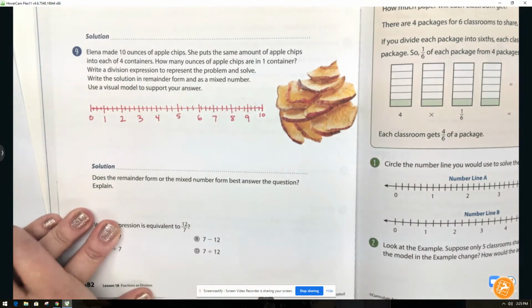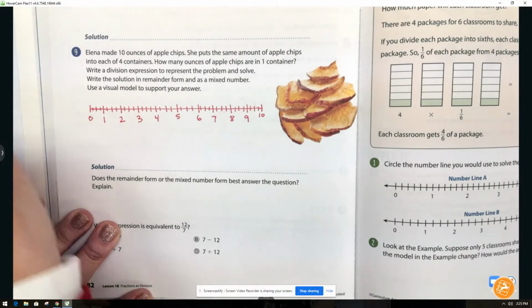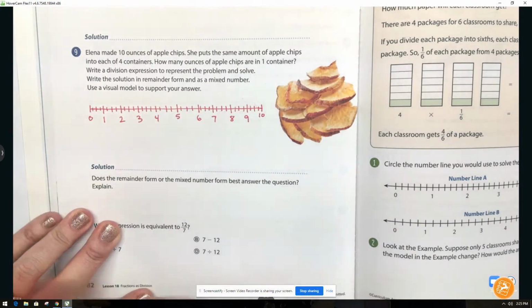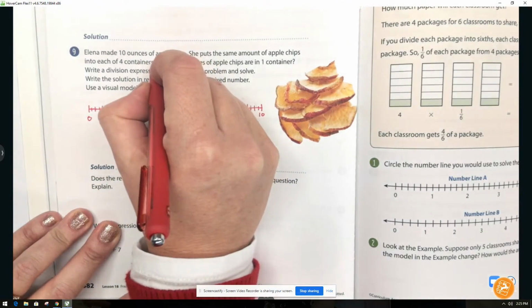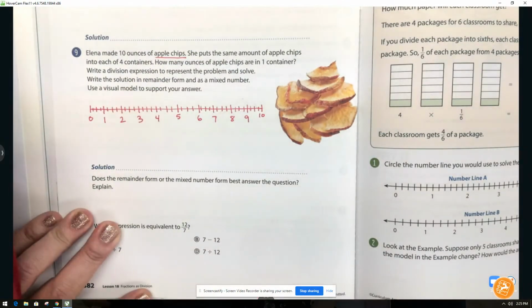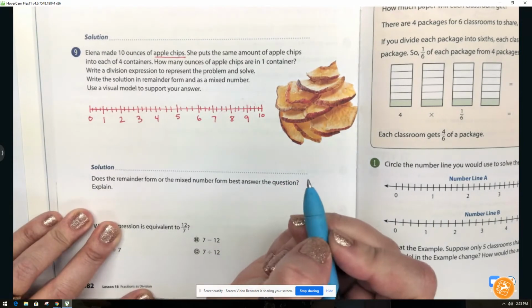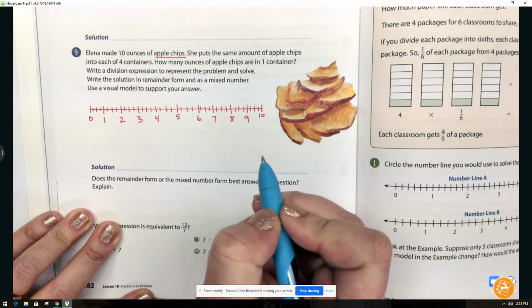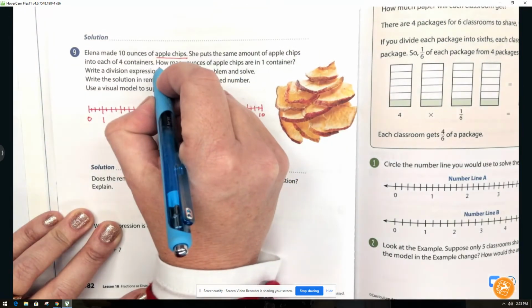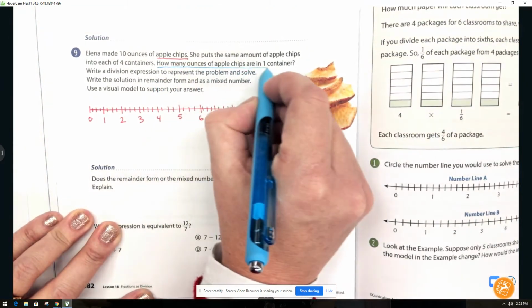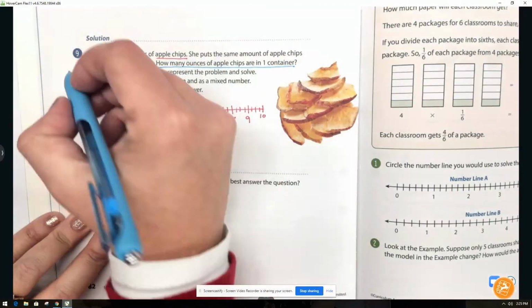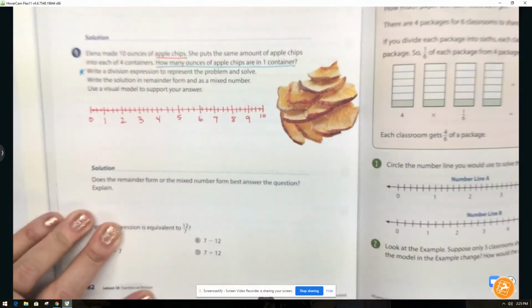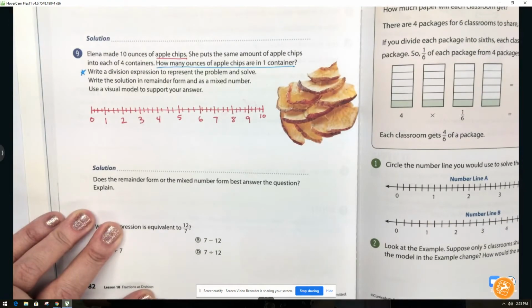First, we're going to look at what this question is talking about. This is like a big question. It is talking about apple chips that are being divided up into different containers. Now, what is it that we're trying to solve? There are multiple things we are doing here. Ultimately, we want to find out how many ounces of apple chips are in one container. But we need to write a division expression to represent the problem.